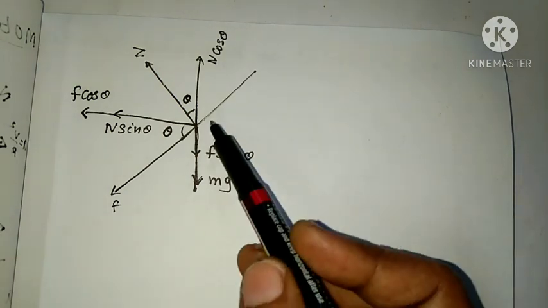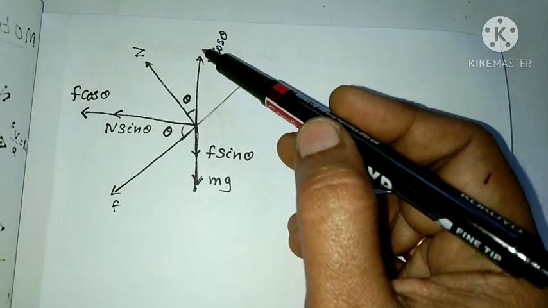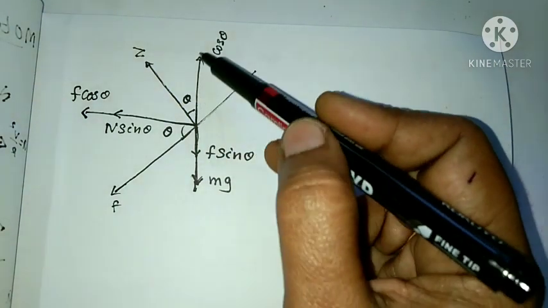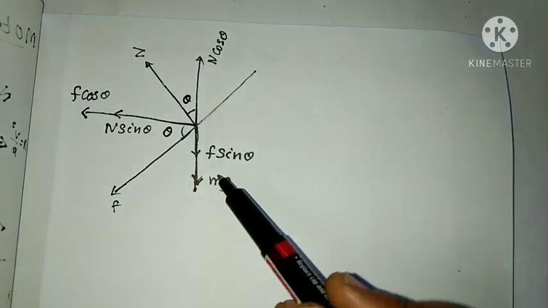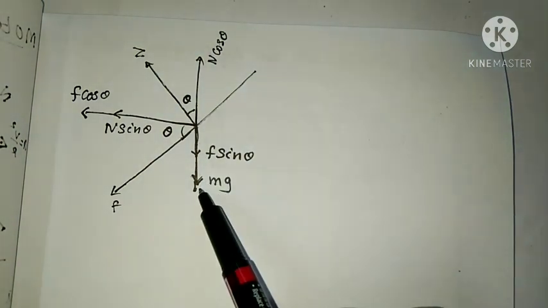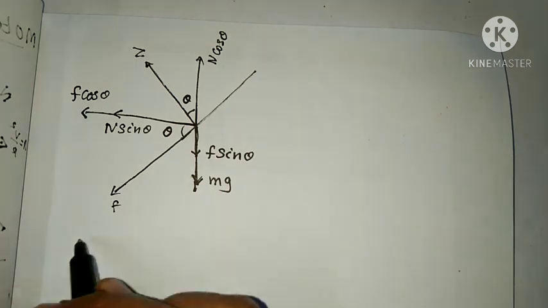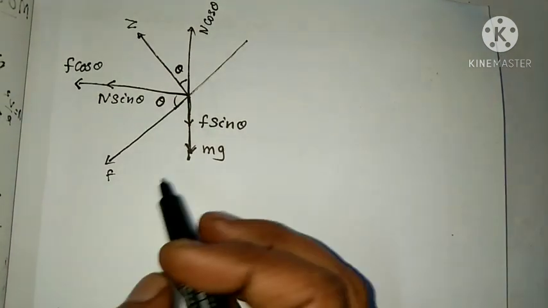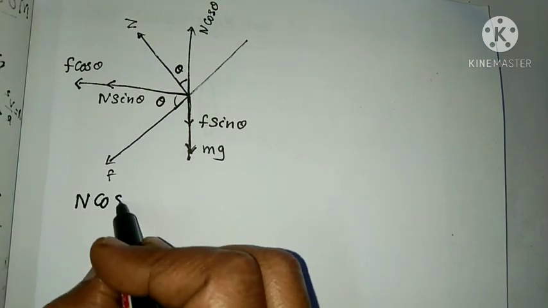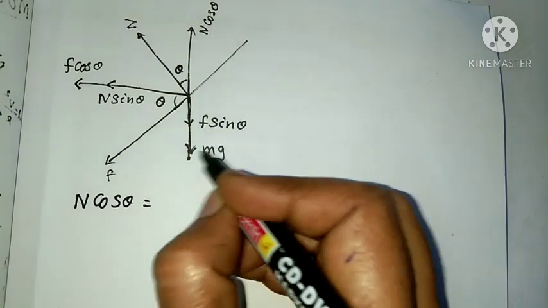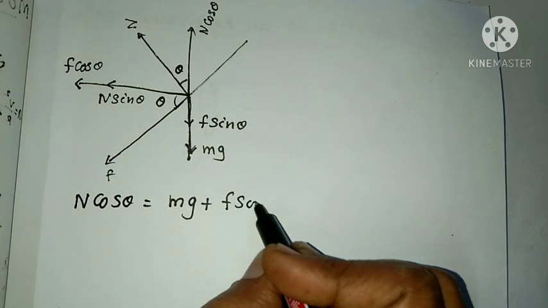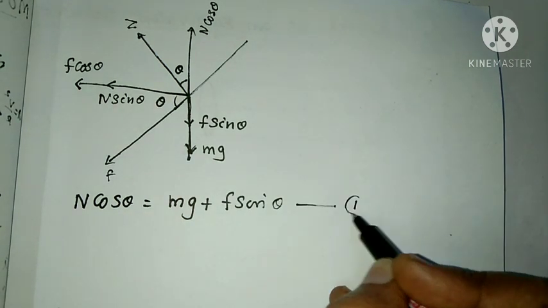In the same way, here N cos theta equals mg plus F sin theta. N cos theta is upward, and downward are F sin theta and mg, so these two are equal and opposite. We can take it as equation number 1.